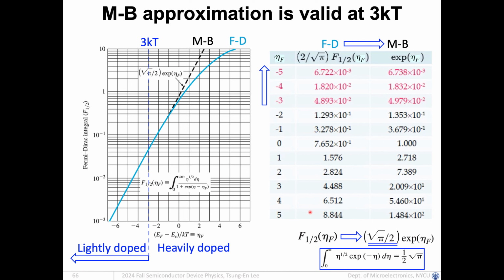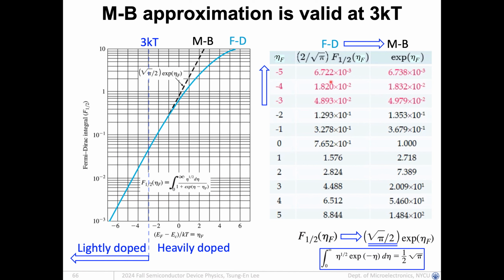So this is the number as I mentioned. If eta F means the distance between the Fermi level and the conduction band is larger than 3 kT, then these numbers in the red part are almost the same. But if it is close to the conduction band, then these two models will have different values.